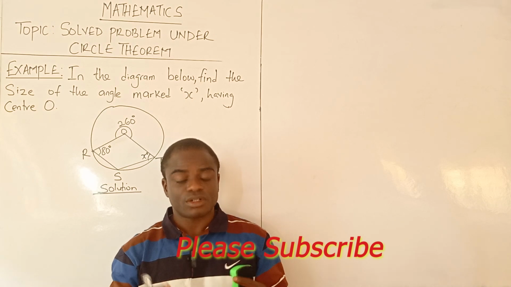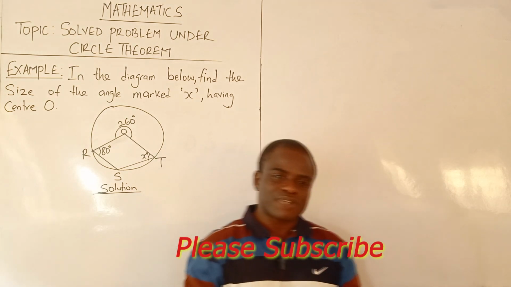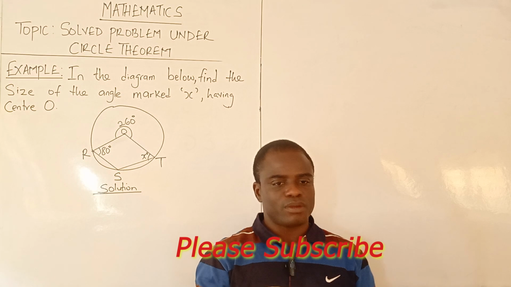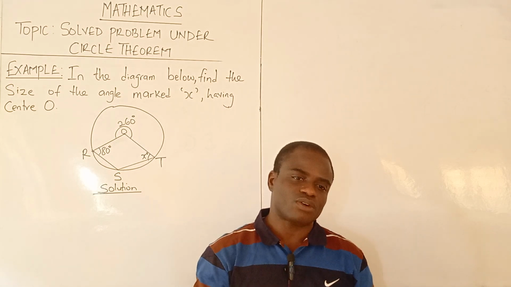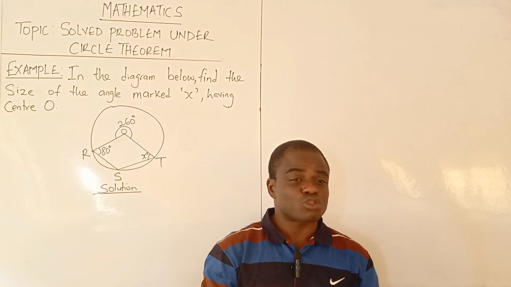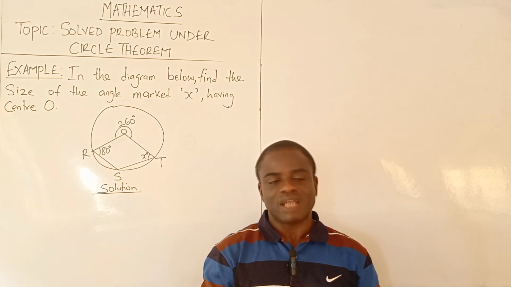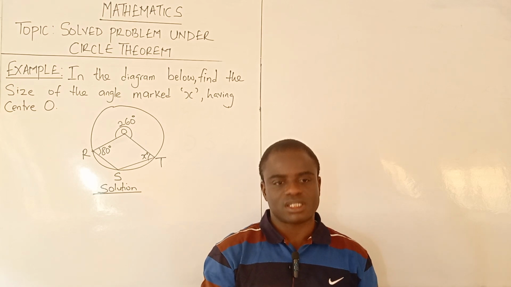When a quadrilateral is a specific type of quadrilateral, that's when it is a cyclic quadrilateral. A cyclic quadrilateral is a type of specific quadrilateral that can be inscribed in a circle.